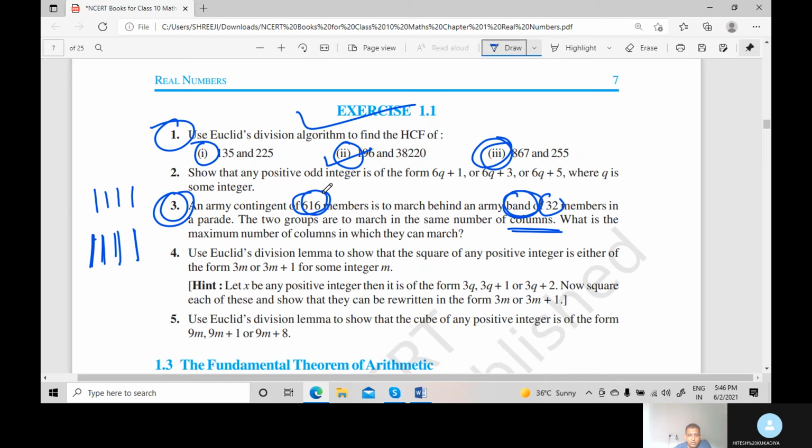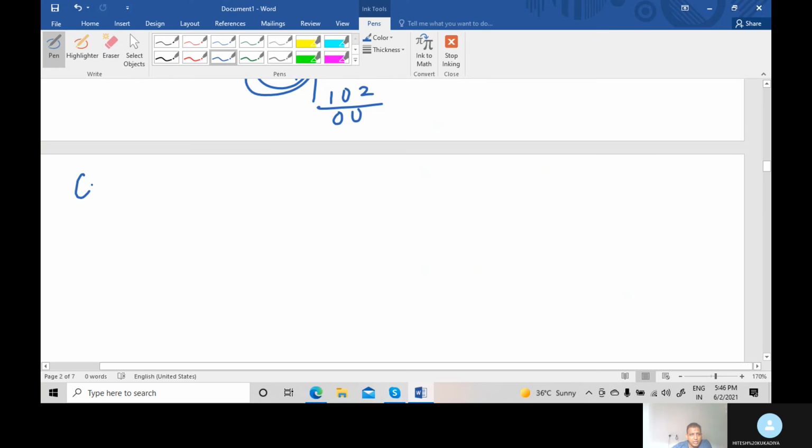So we write Euclid's division lemma with 616 and 32. Question number 3, 616 and 32.